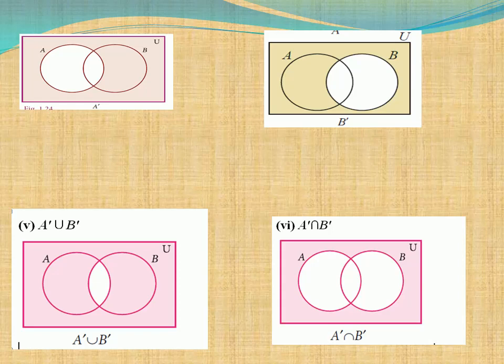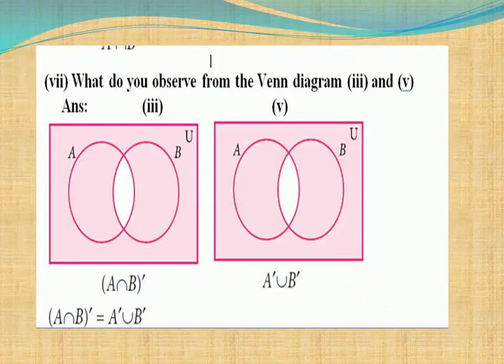Now A dash intersection B dash means, in the first diagram A is not shaded, in the second diagram B is not shaded. Apart from that, the remaining portions in U are shaded for A dash intersection B dash. These are the common elements of A dash and B dash. Seventh subdivision.